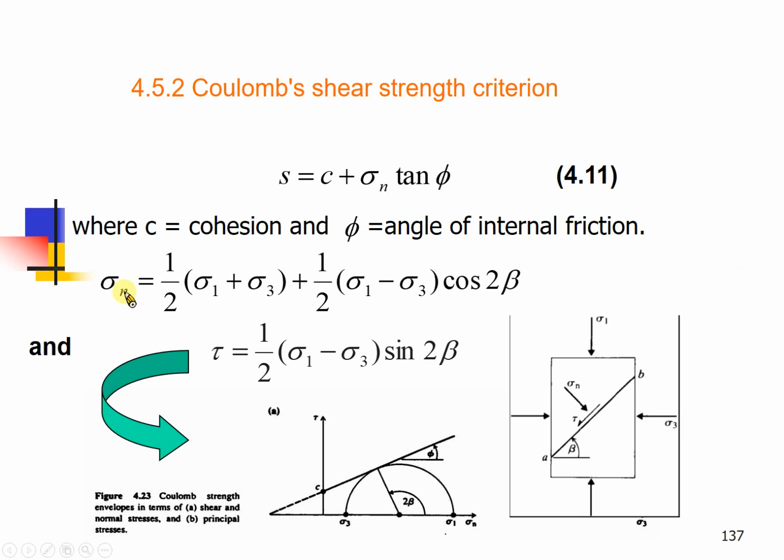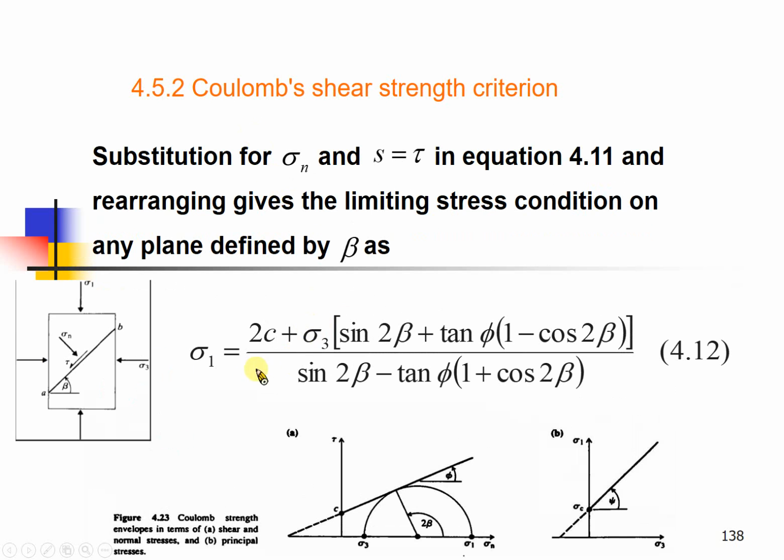If you insert the sigma n to here and insert tau to here and make an arrangement, make all of the sigma 1 to one side and the others to another side and divide, then you will have this equation. The sigma 1 will be a function of beta.